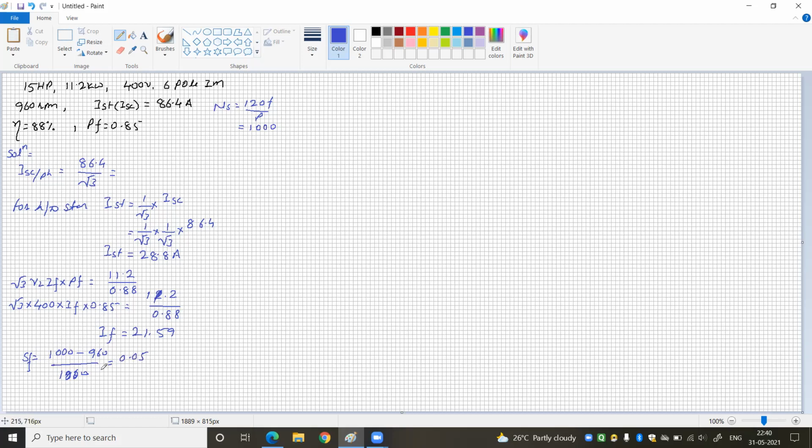0.05 is the slip. So starting torque upon full load torque is equal to starting current or short circuit current divided by full load current, bracket square, into SF. So already we have calculated the short circuit current because of star delta starter and full load current.